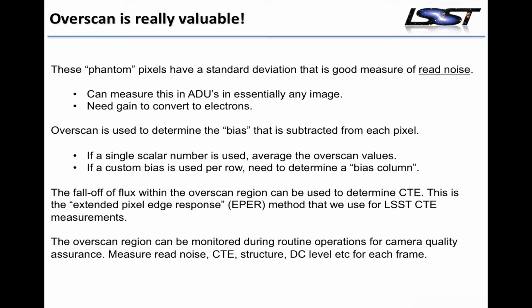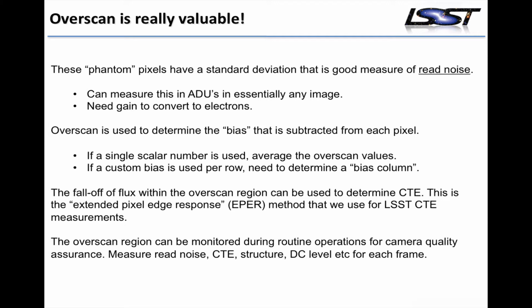The roll-off of flux as you move into the overscan can be used to measure the charge transfer efficiency, because the first pixel in the overscan of every row, the only flux in that pixel comes from residual trailed flux that wasn't properly transferred as the charge was moving to the left in the serial transfer.